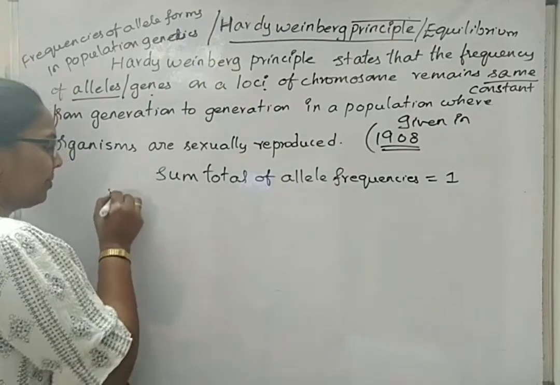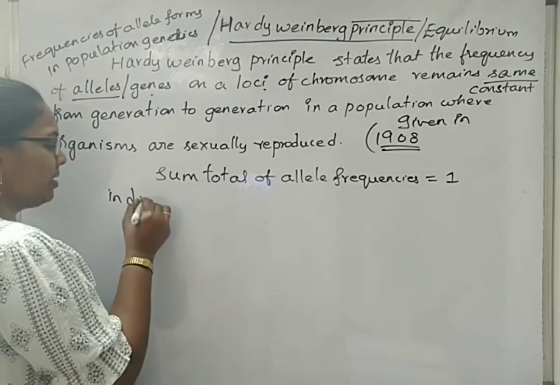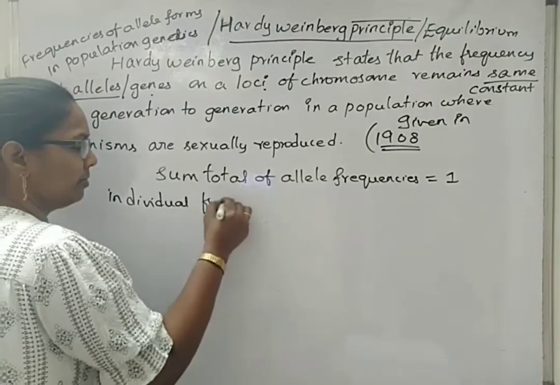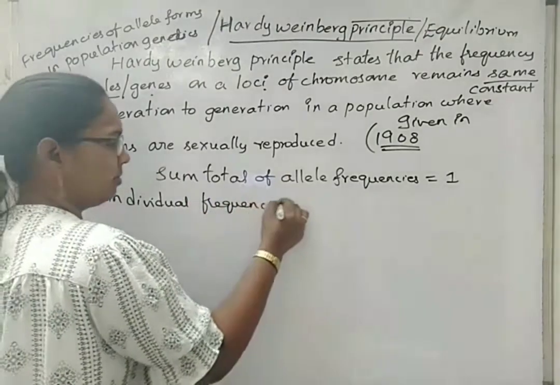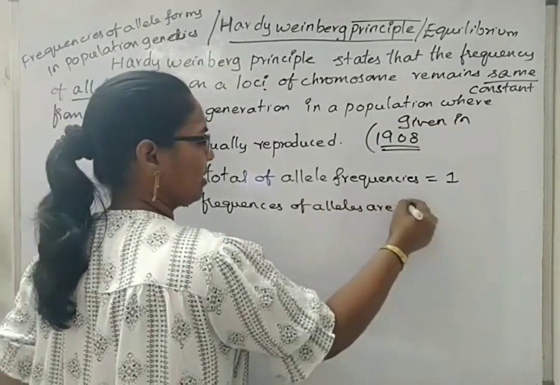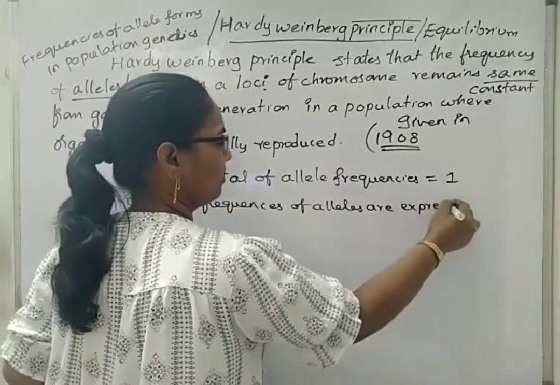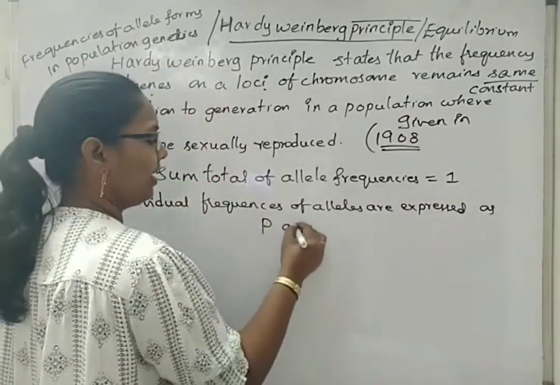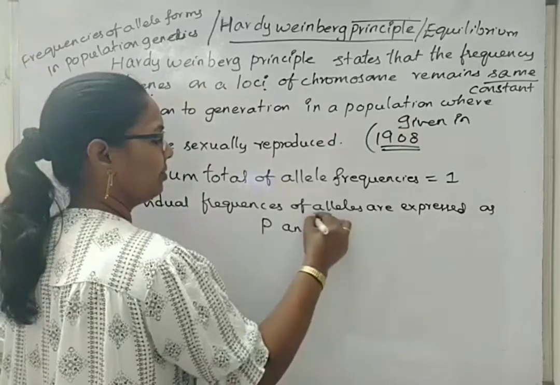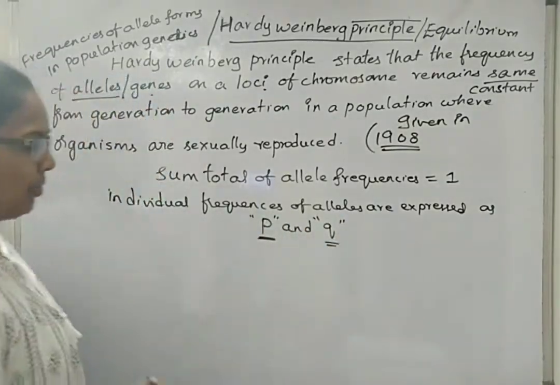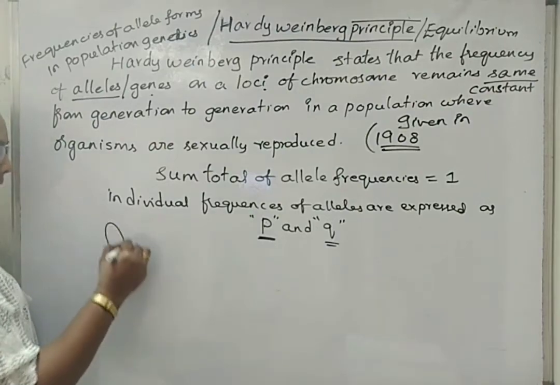In the same way, individual frequencies of alleles are expressed as P and Q.